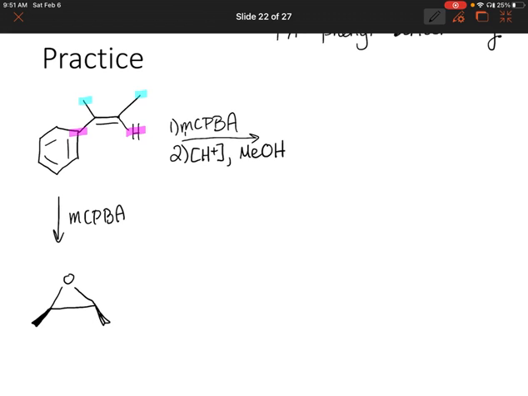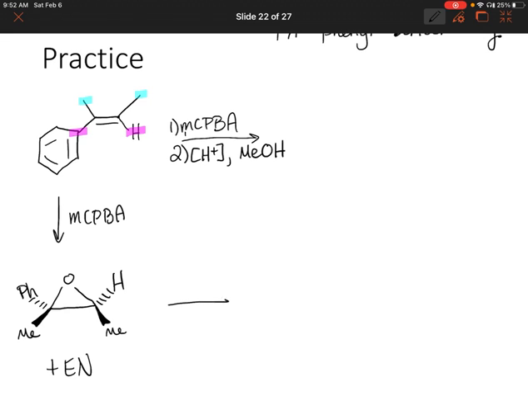That's fine too. And then I'll draw my phenyl group as a dash and my hydrogen as a dash. Okay, now remember the epoxide could have formed below the plane of the double bond as well. So we are going to also form the enantiomer of this structure too.